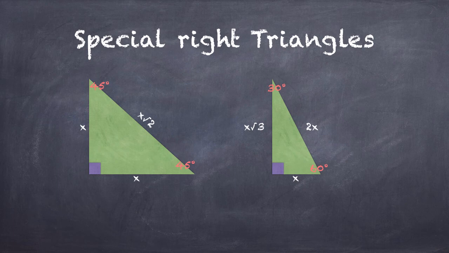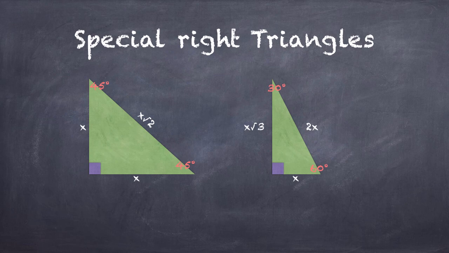In 30-60-90 triangles, the leg that is opposite the 30-degree angle is known as x. Then, the leg opposite the 60-degree angle is known as x root 3. And with that in mind, the hypotenuse is always equal to 2 times x.